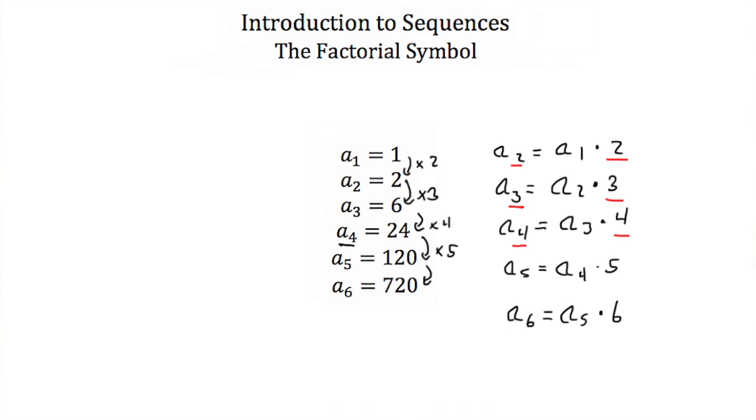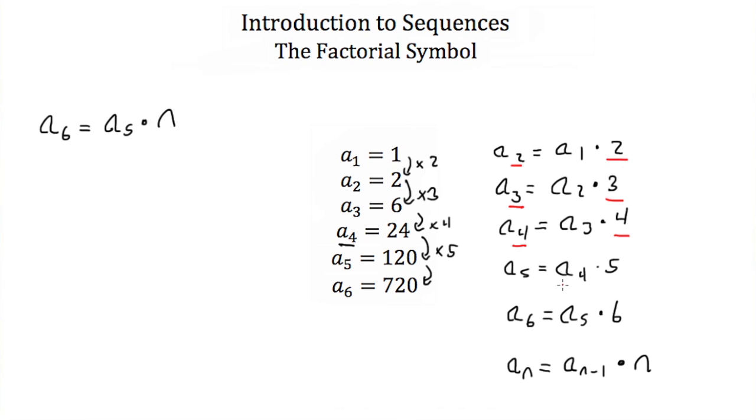So basically, my recursive formula means that I'm taking my previous term and I'm multiplying it by the number term here, n. So if I was trying to find my sixth term, I would take my previous term and multiply it by n, which would be 6.